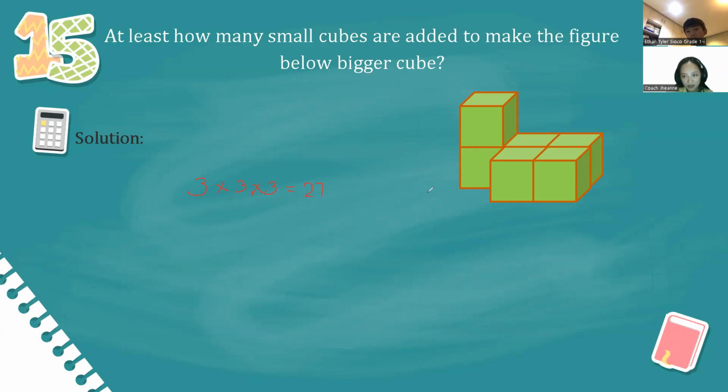27 cubes. So to have a bigger cube, we needed to have 27 cubes in total. We only have here 1, 2, 3, 4, 5, 6. We only have 6 small cubes, and we have 27. So 27 subtracted by the small cubes we have, that is 21.